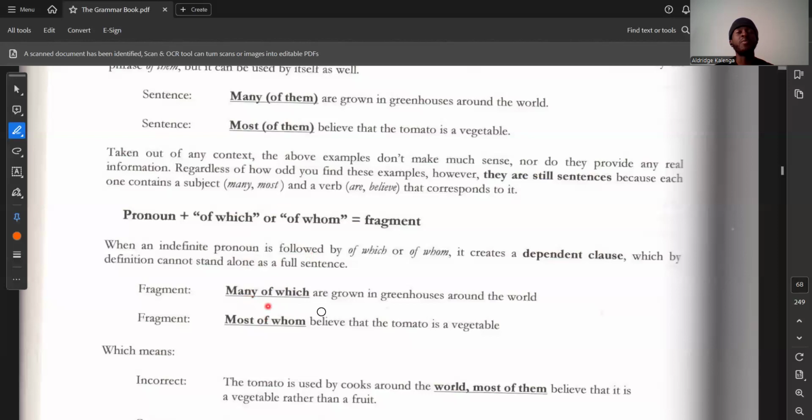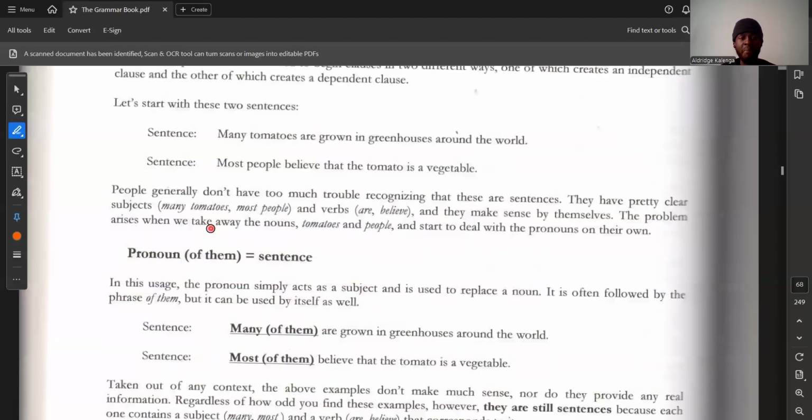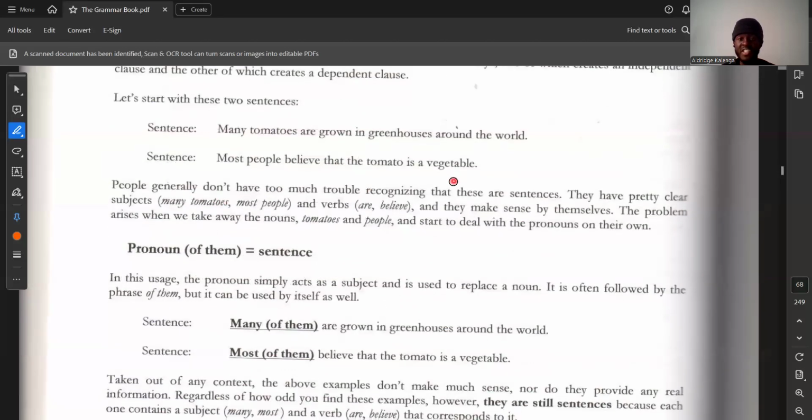So remember, we looked at one of the earlier fragments, and I was telling you that we're going to look at this soon. "Of whom, many of whom consider him the greatest jazz musician of all time," and that was a fragment, because when you have a pronoun and "of which" or "of whom," this is supposed to modify something. It's supposed to give more information about something or someone. So, for example, most people believe that the tomato is a vegetable.